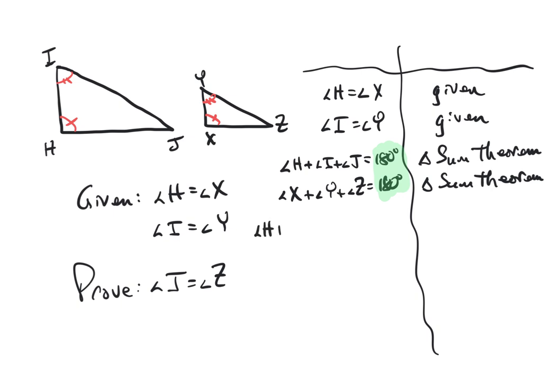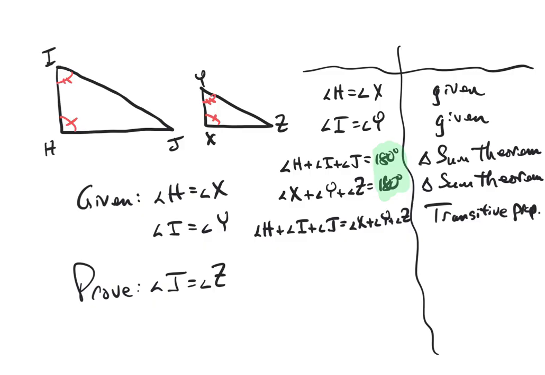So I can then say that H plus I plus J is going to be equal to X plus Y plus Z. And I'm going to choose, even though substitution is perfectly fine, I'm going to choose transitive property for the reason. And then what I'm going to do is make two substitutions.